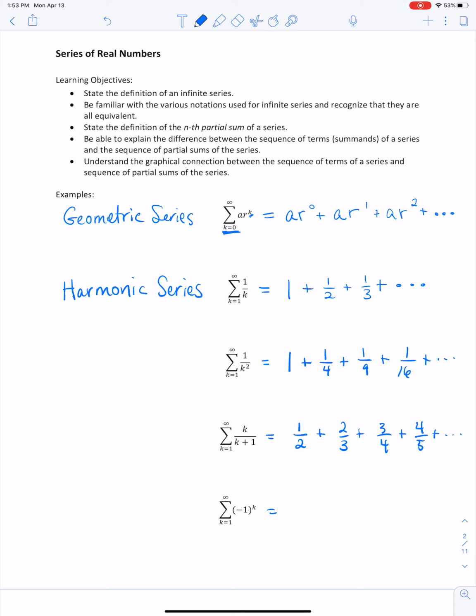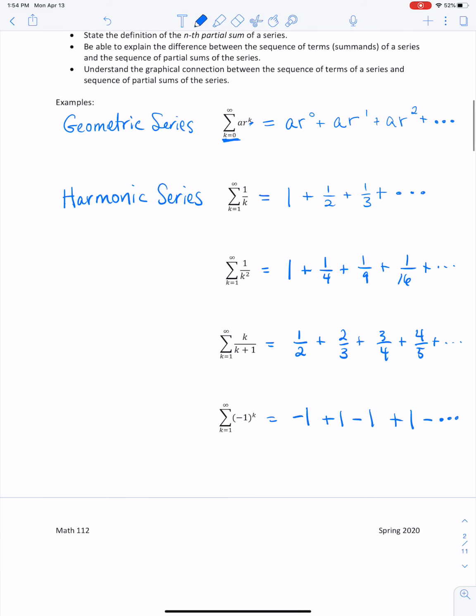And this last one, when k equals 1, (-1) to the k is -1. So this is -1 plus 1 minus 1 plus 1 minus and so on. Okay, so now we've written these up.